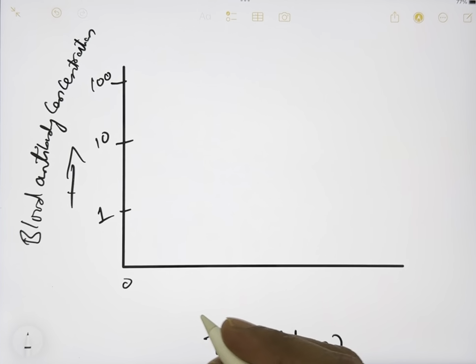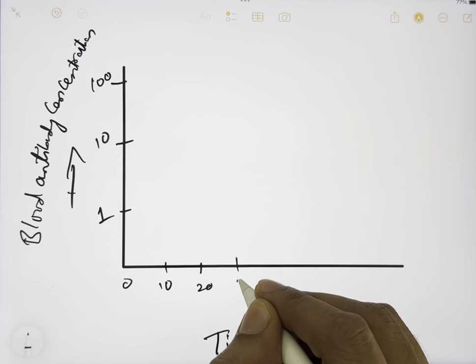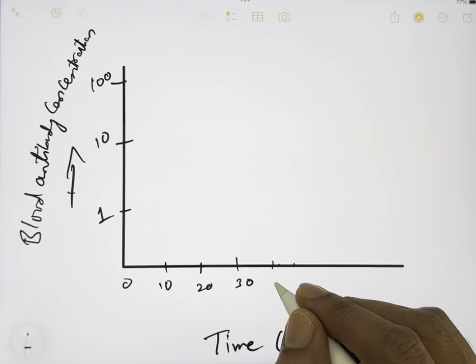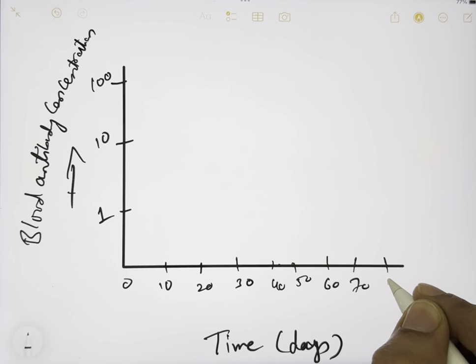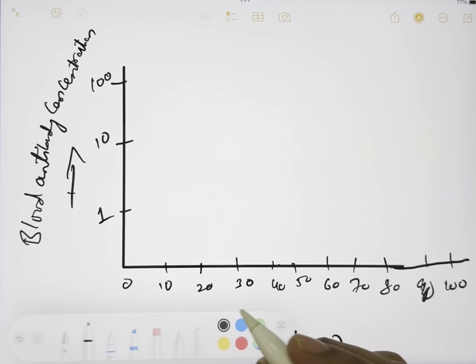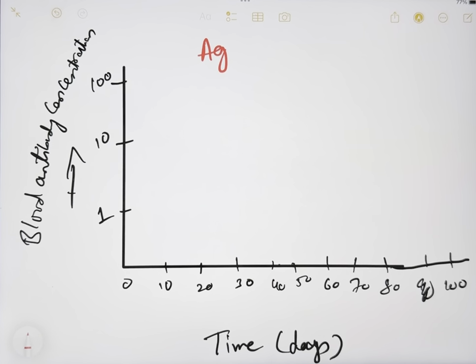On the x axis we will write 10 days, 20 days, 30, 40, 50, 60, 70, 80, and like that up to 100 days we will write here. Now, when a foreign antigen, AG, I am writing in short form for antigen.